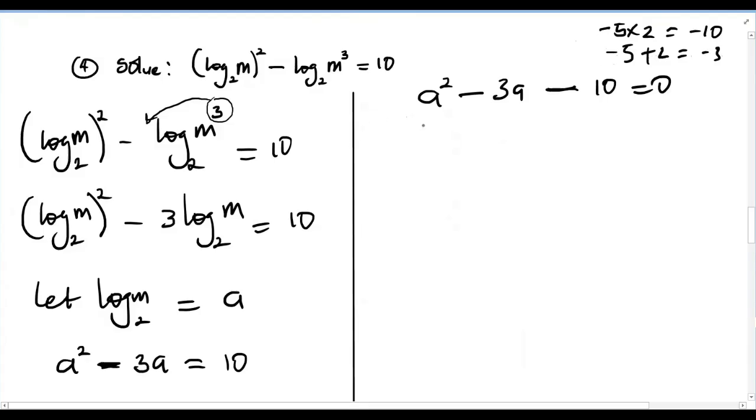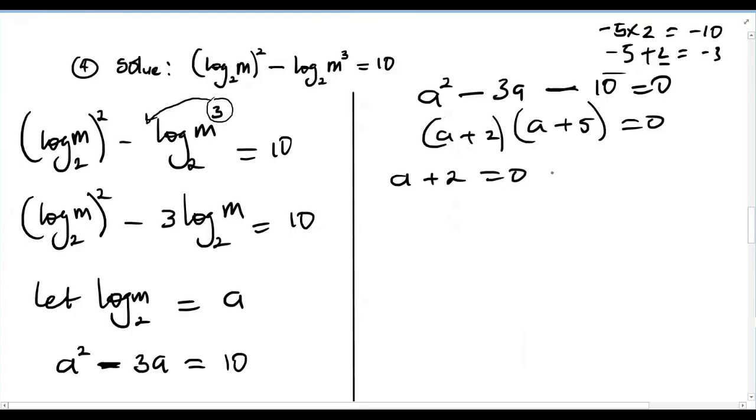So that means that the factorization of this particular expression is basically a plus 2 in bracket, which, you can see I'm using 2 here, and I want to use 5 in the second bracket. a plus 2, and the second bracket is a plus 5, equal to 0. Great. So since we have this one now, it then means that the brackets are both equal to 0.